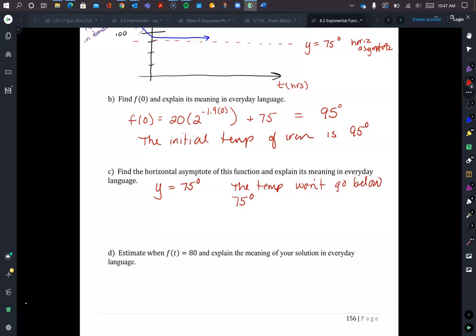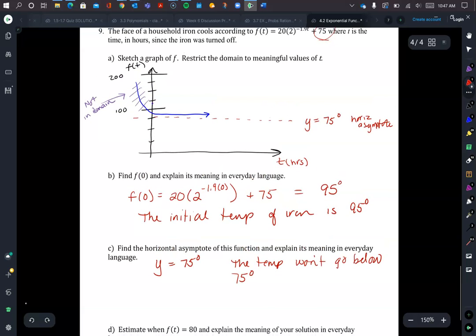So we do want to think about what our domain is again, like how that would work. And so we can go back up here and think about that. So at 0, our domain could be 0. We could include 0 because we have that initial.